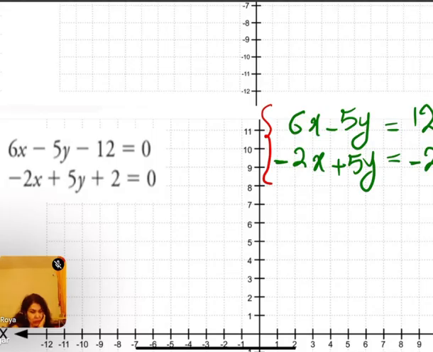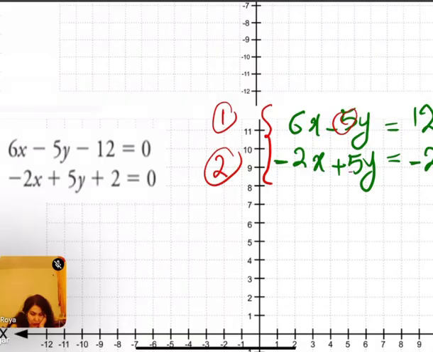I'm going to call these equation number 1 and equation number 2. You can do it this way, it's not wrong, but you will have lots of decimals because the coefficient of y is not 1. So at this time, it is better to use the x, y intercept form.